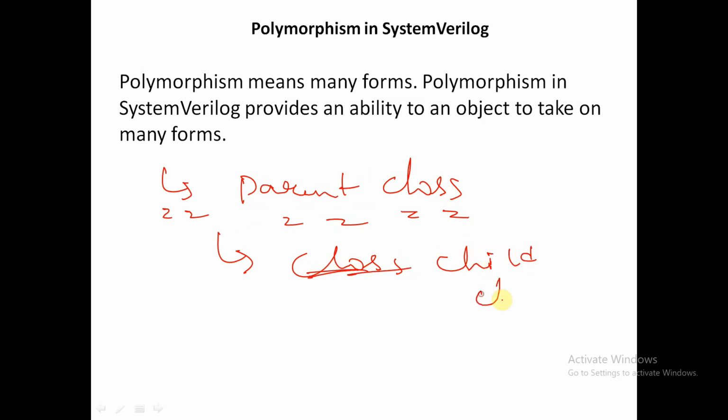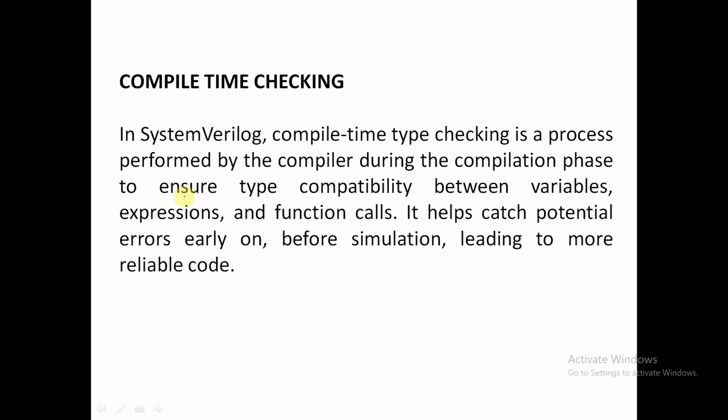So we'll see what this means. With the help of polymorphism, an object can take two forms. It can act as a parent class type and it can also act as a child class type. So we will see one basic example.